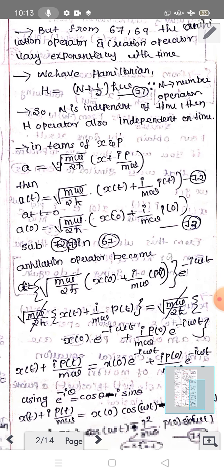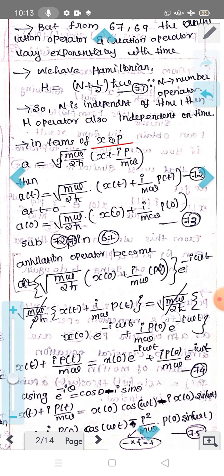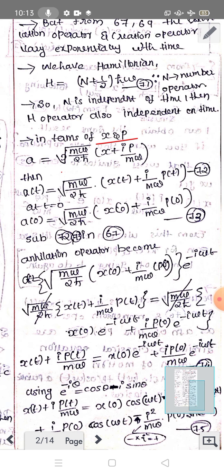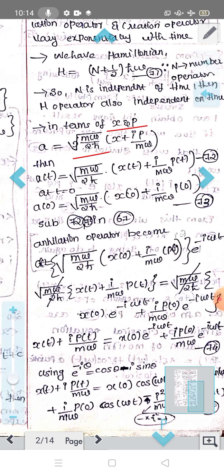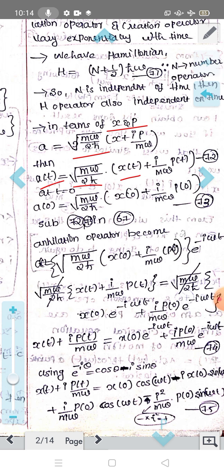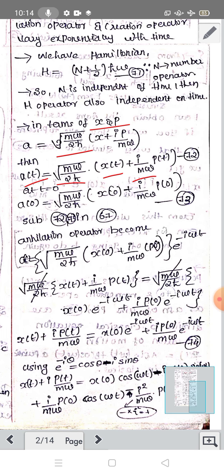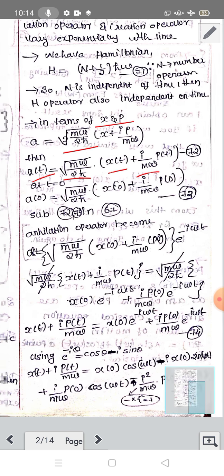In terms of x and p, the position operator and momentum operator, A is equal to root of m omega by 2h cut, x plus ip by m omega. Then A of t is equal to root of m omega by 2h cut, x of t plus I by m omega p of t. Put it as equation number 72.